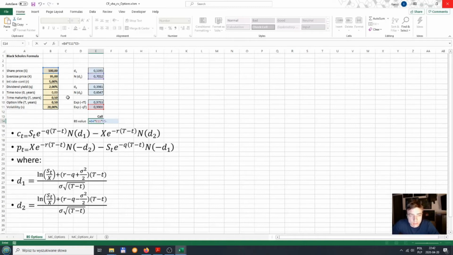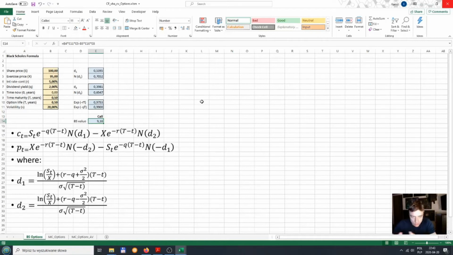And I subtract the exercise price that I'm allowed to use as a purchase price if the contract expires in half a year. This would be in half a year, so I need to discount it to present value terms, and I need also to use this adjustment for probability. Okay, so this is the price according to the Black-Scholes model.